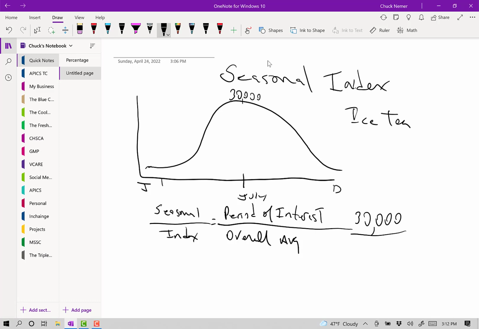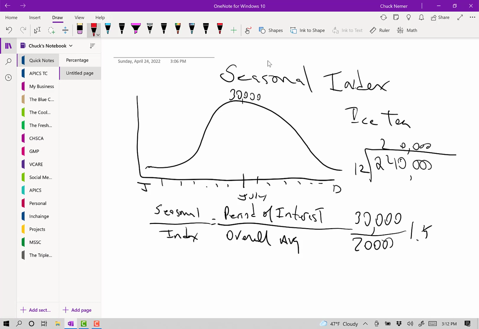So we would add up every month all the way through January through December, and let's say it came up to 240,000 gallons total. So if you looked at the overall average over 12 months, of course, you get 20,000 gallons per average. So the seasonal index would be the 30,000 divided by the 20,000, or 1.5.